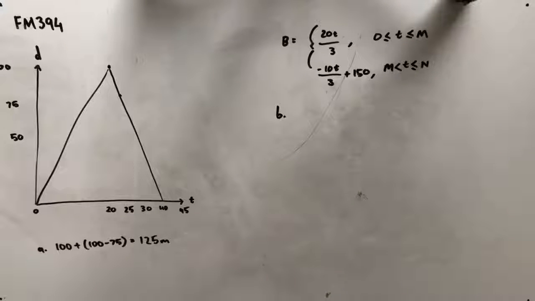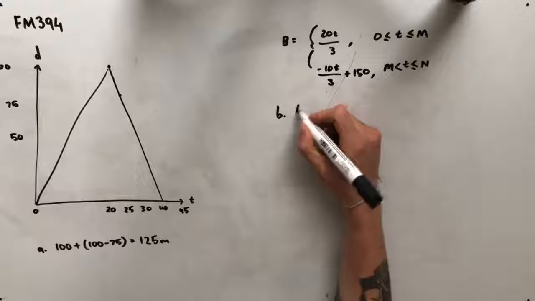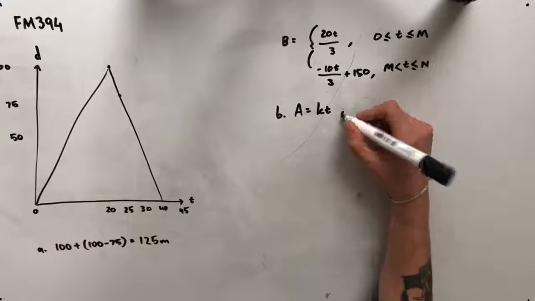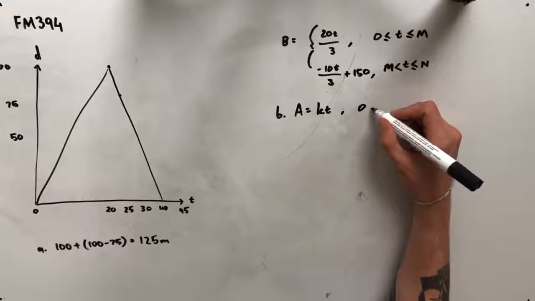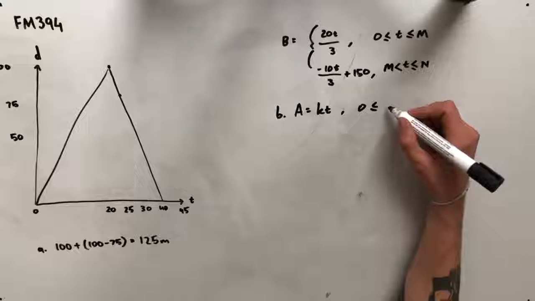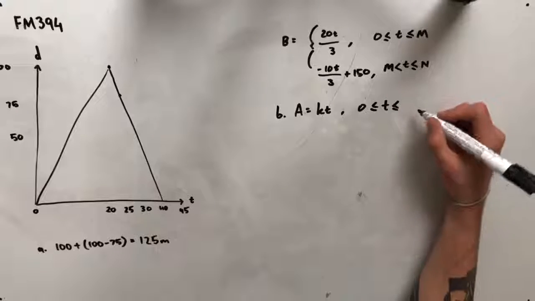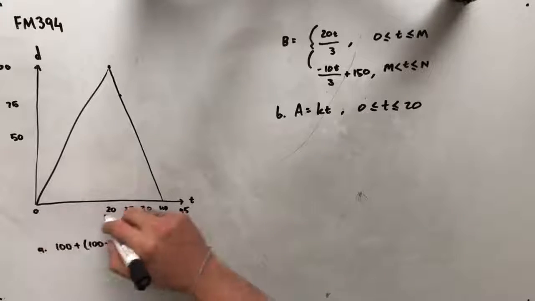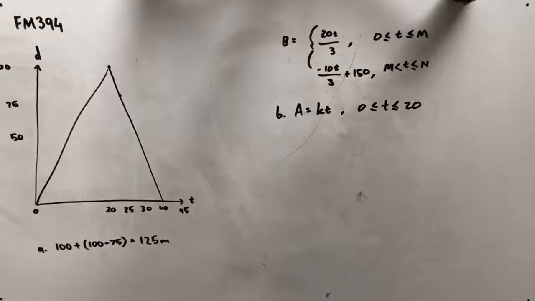The linear relation that represents his run to the tree is of the form A equals k times t, where 0 is less than or equal to t, which is less than or equal to 20. So this formula only counts for the first 20 seconds of Tommy's race. The slope of the line k is the speed at which Tommy is running in meters per second. Show that k is equal to 5.